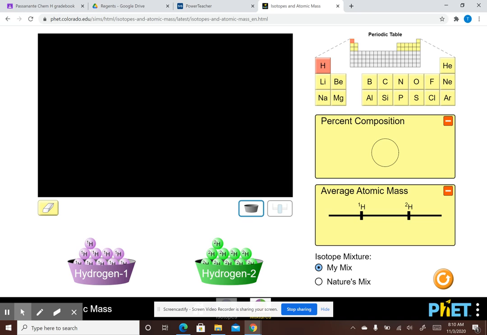But if you look on the periodic table at the average atomic mass of hydrogen, it's much closer to 1. The average between these two isotopes is like 1.00 something, right? Because look at the abundance of hydrogen 1 and 2 in nature.